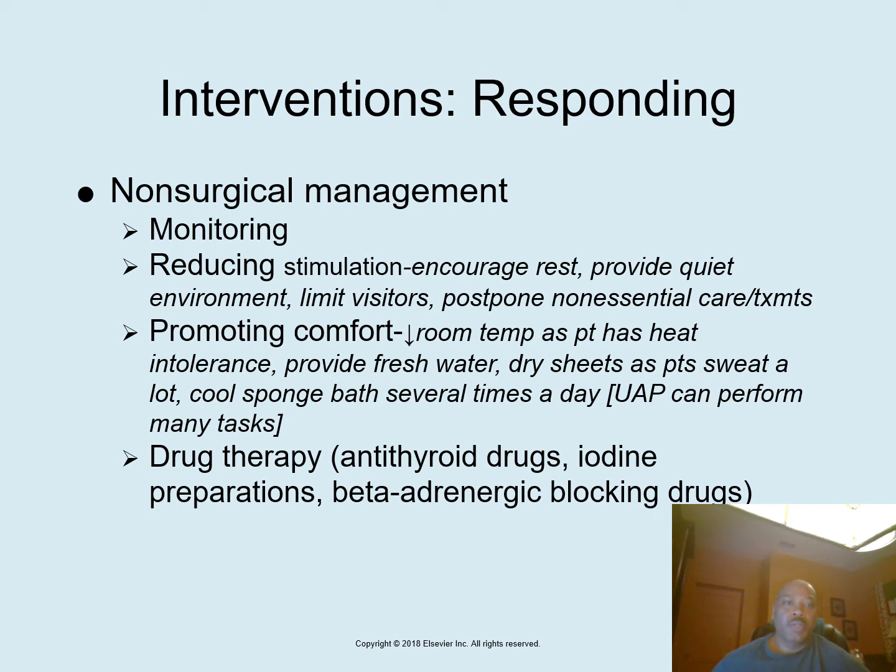I want you to also look at page 1268, chart 63.3 for teaching priorities for patients receiving drug therapy for this disease. Common drugs that you might see for hyperthyroidism are Tapazole and also PTU. The latter is used less due to liver toxic effects.